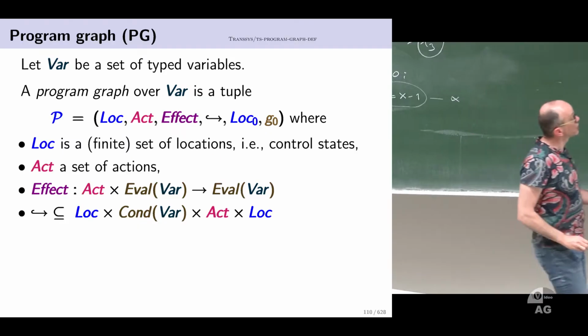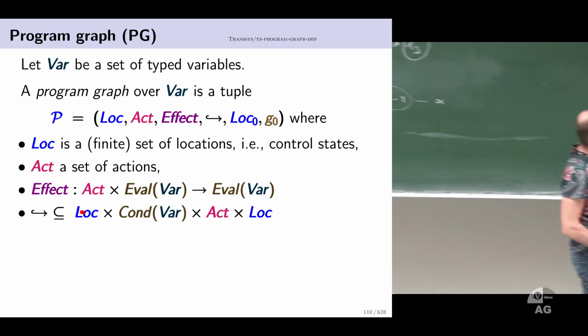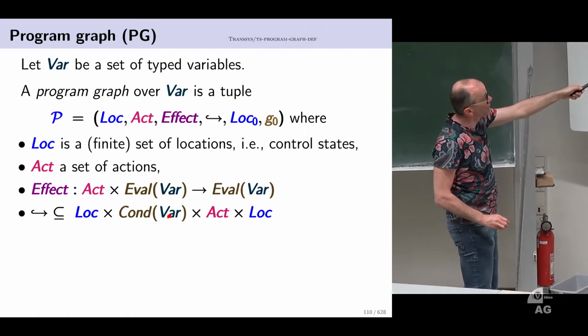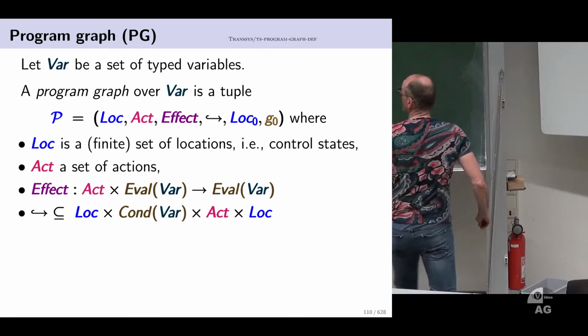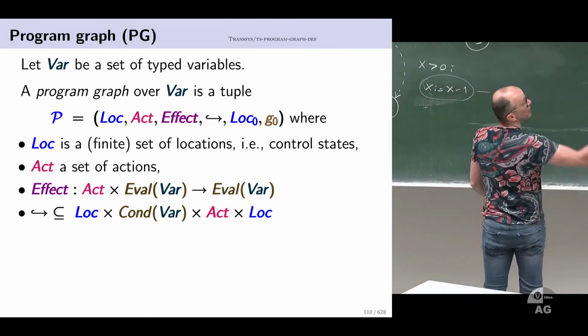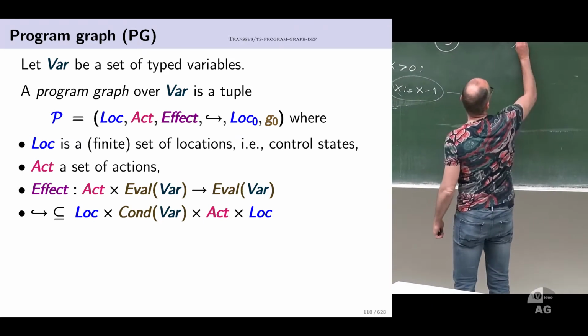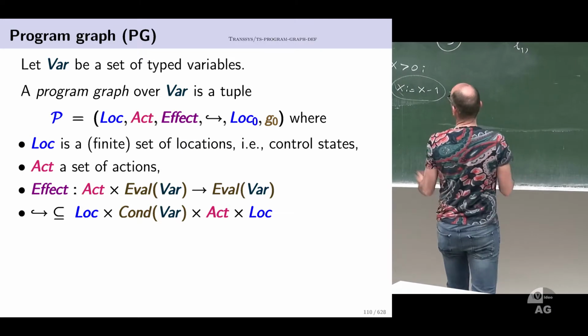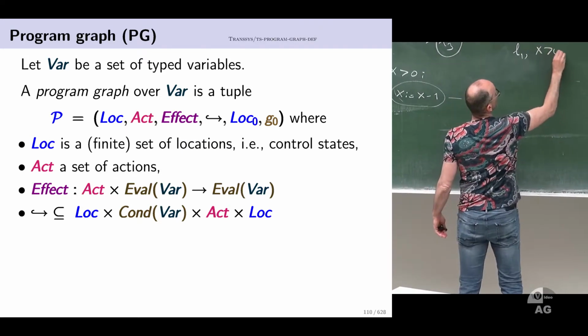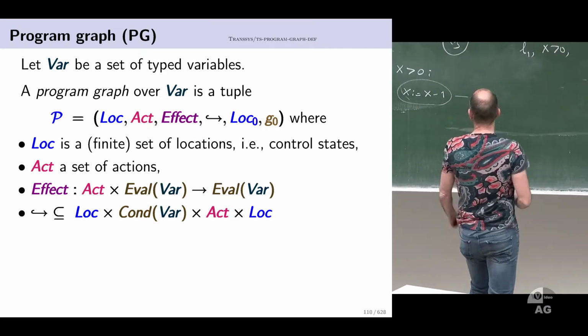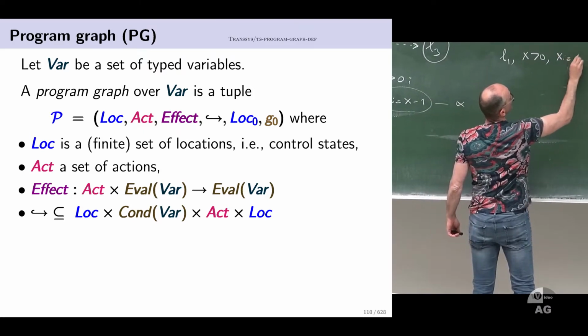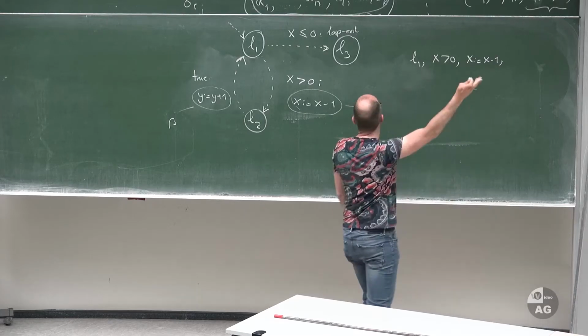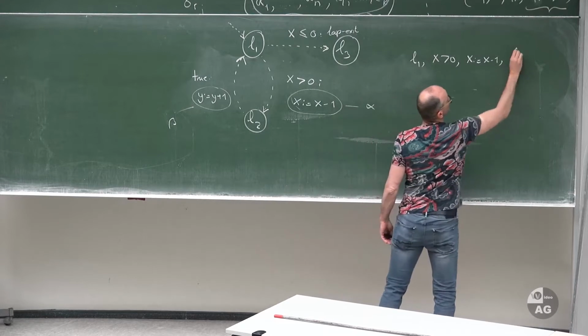So this relation over here is exactly the relation that goes from Loc, conditions over the variables, and Act to Loc. So for instance, in my example, an element of this relation is L1, a condition x larger than 0, an action x becomes x minus 1, and another location, in my case, L2.